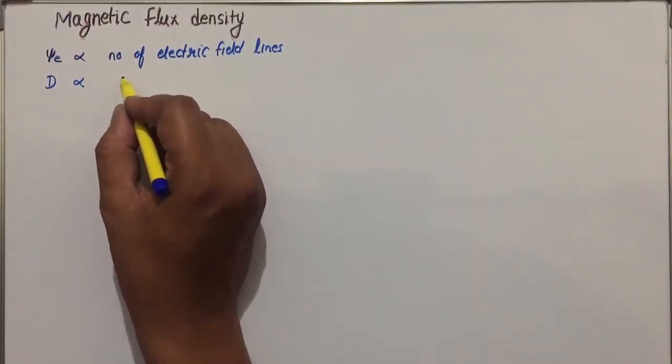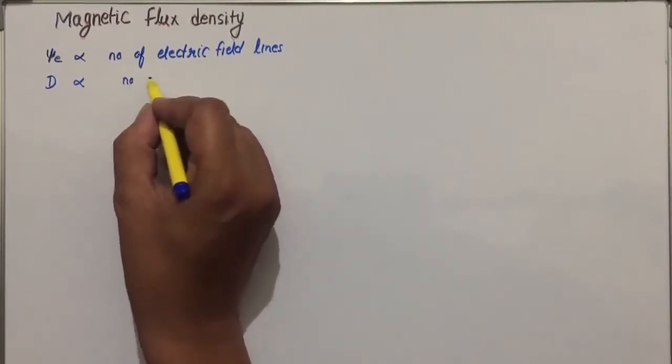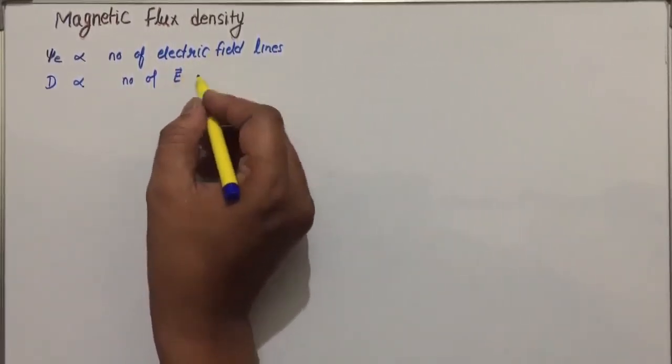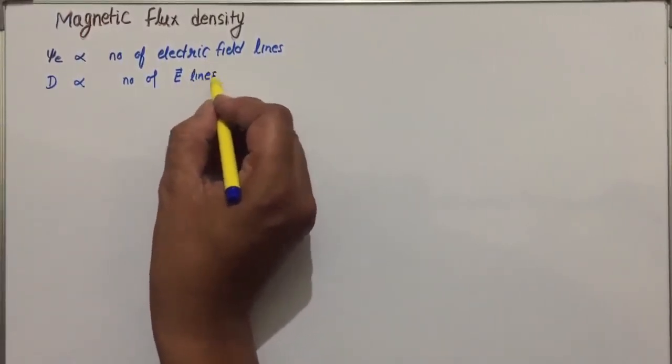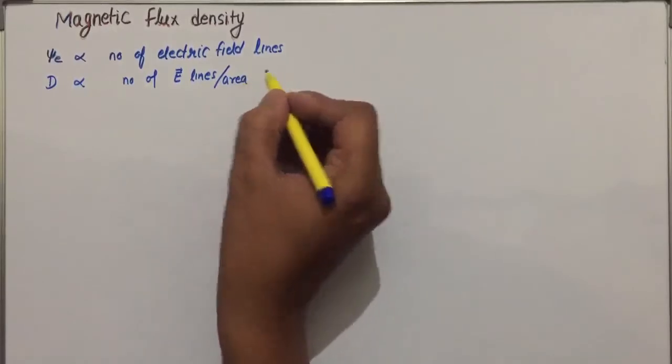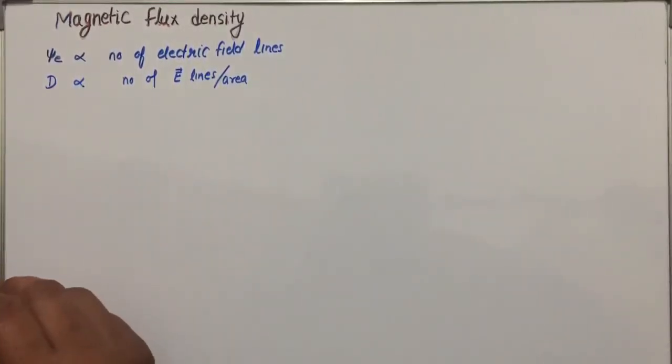So we can say the number of electric field lines per unit area. That we have studied in electrostatics.